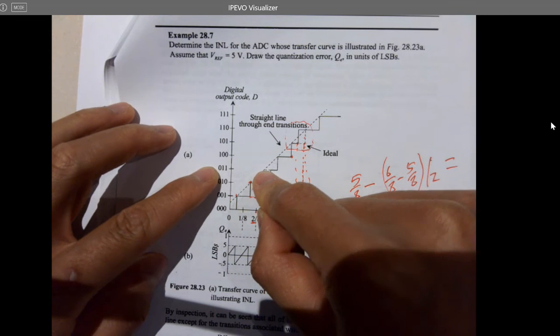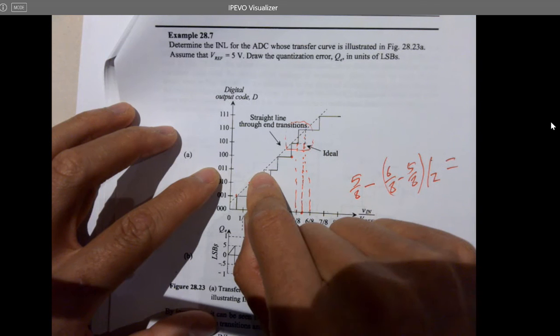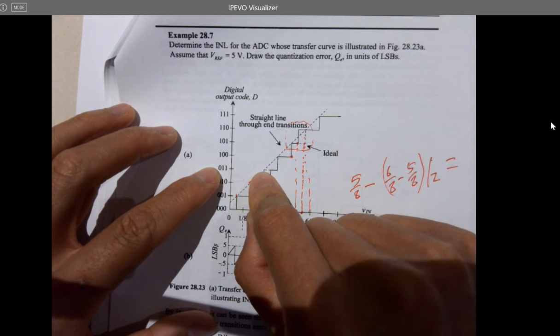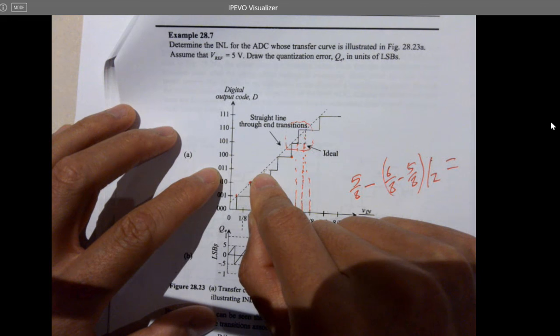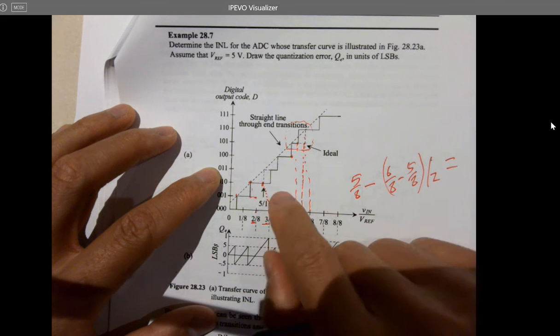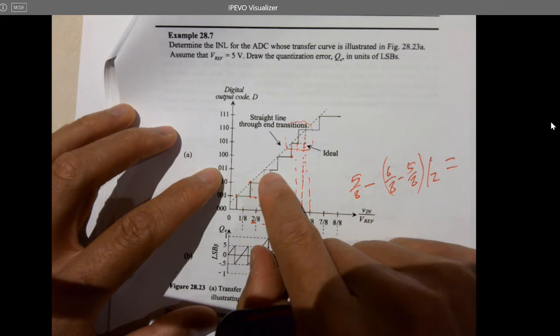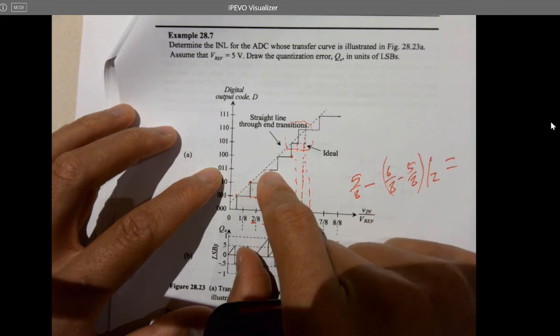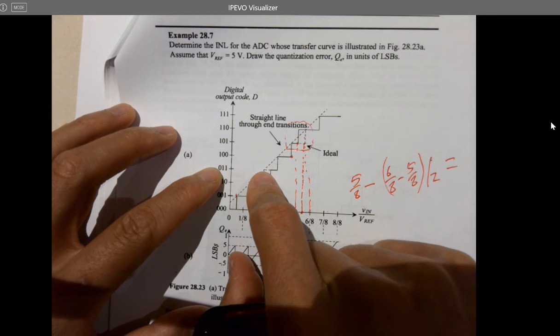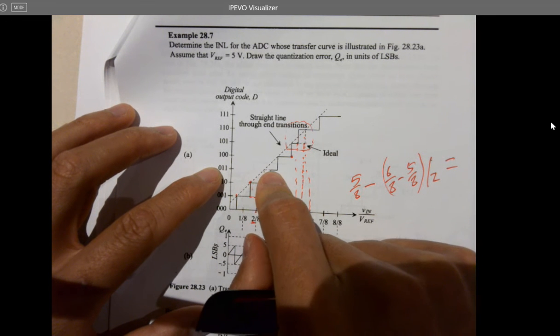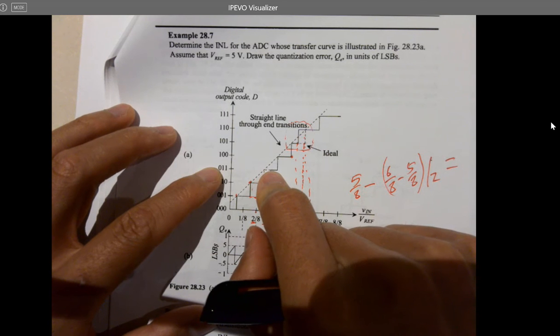So INL 3, if you imagine rotating the paper by 90 degrees, you can see that this point is right here. But it should actually be on this dashed line, and now it's here. So it should be the real one minus the ideal one.